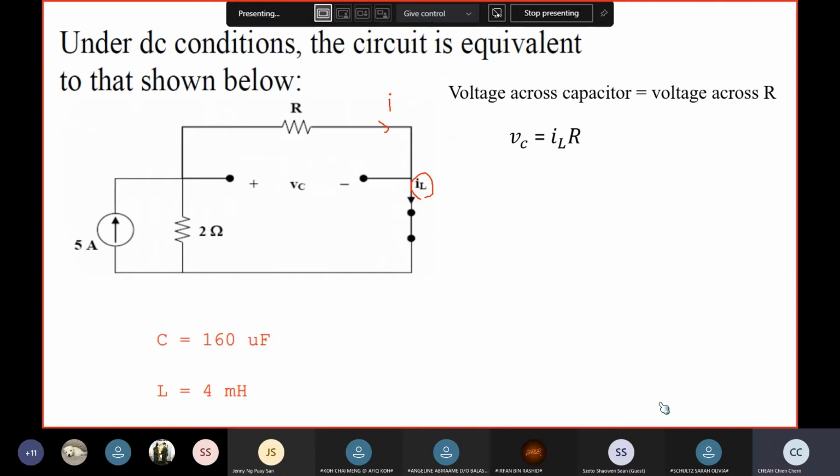Because when the current flows through here, all of it flows downwards, none of it can flow through here. Current is equal to 0 because it's open. Therefore, we know that the voltage across the resistor is equal to IL times R. IL is the current flowing through the inductor, which is also the current flowing through the resistor.